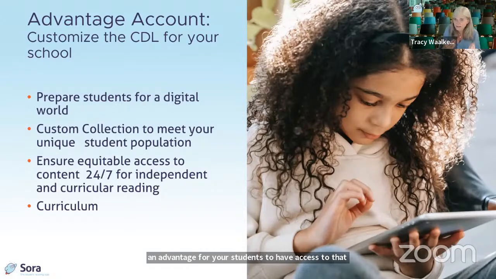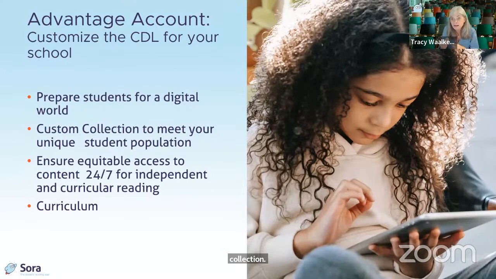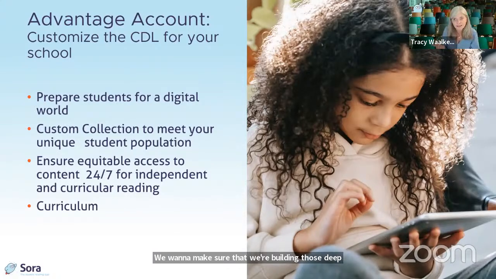It's also, as I was talking about, that importance of providing general access to books 24/7. We want to make sure that we're building those deep, sustained digital reading skills, preparing our kids for life in a post K-12 world that is almost 100% digital. And we want to be able to meet whatever your particular needs are.